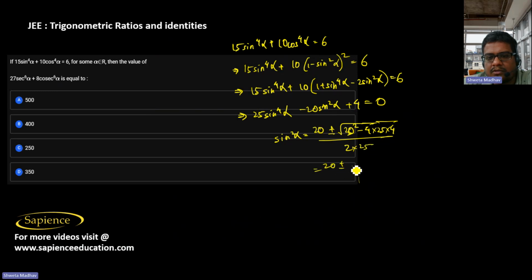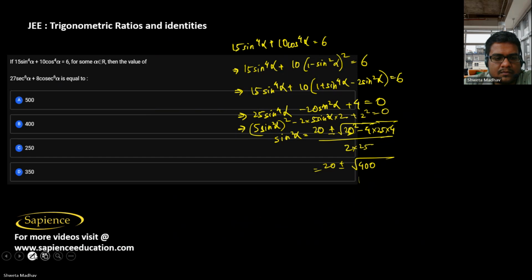So it should be 20 plus or minus, this is 400. Actually it is in the form of a perfect square only. It is 5 sine square alpha whole square minus 2 into 5 sine square alpha into 2 plus 2 square, that is equal to 0.